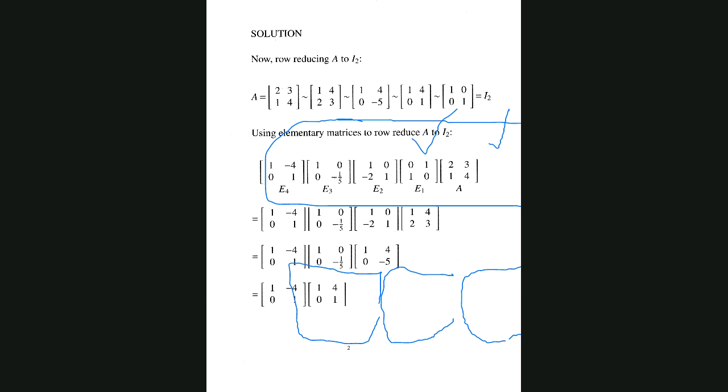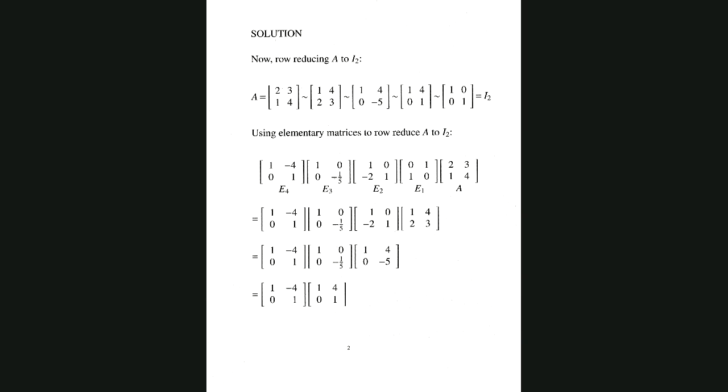Now this is important, so let me show you on the next page what this means. It means that E4 times E3 times E2 times E1 times A equals the identity.